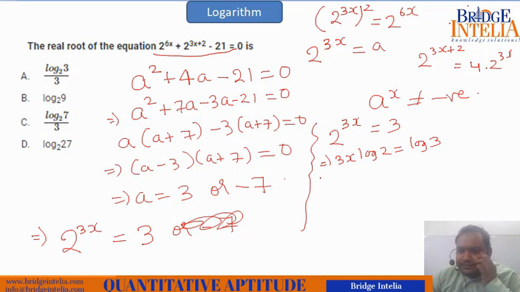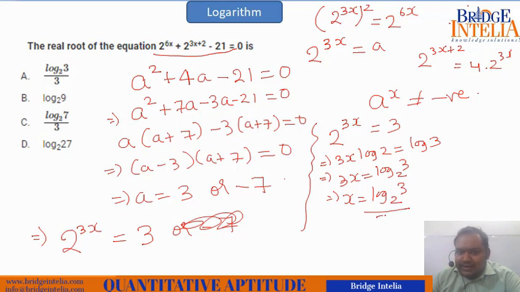So it can be written that 3x is equal to log 3 to the base 2. If you take log 2 here and divide, it assumes the form of the base itself. So from here x is equal to log 3 to the base 2 whole divided by 3. So option A is the correct answer.